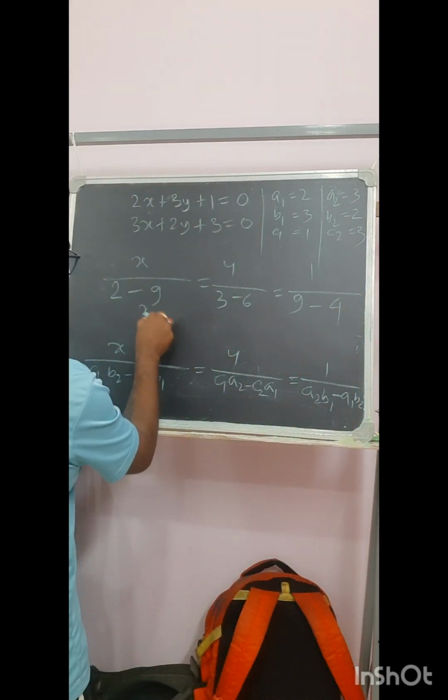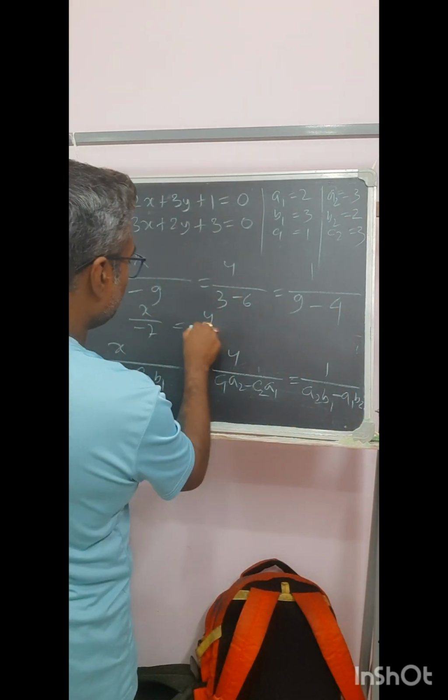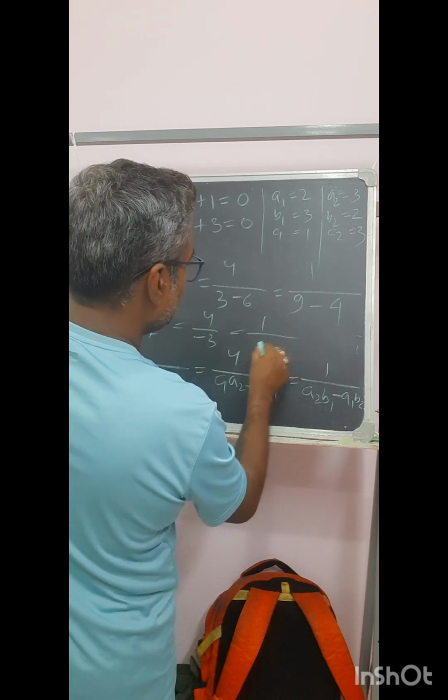So now you can see x upon minus 7 is equal to y upon minus 3 and 1 upon 5.